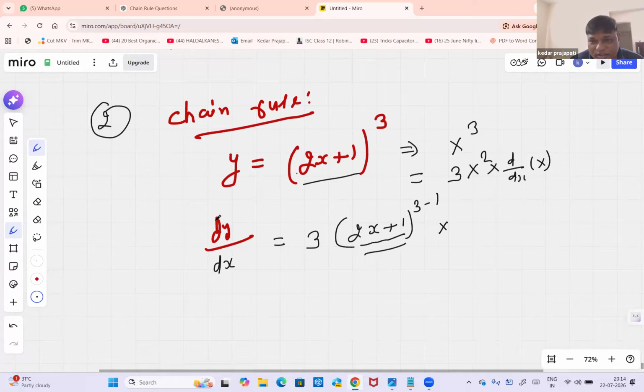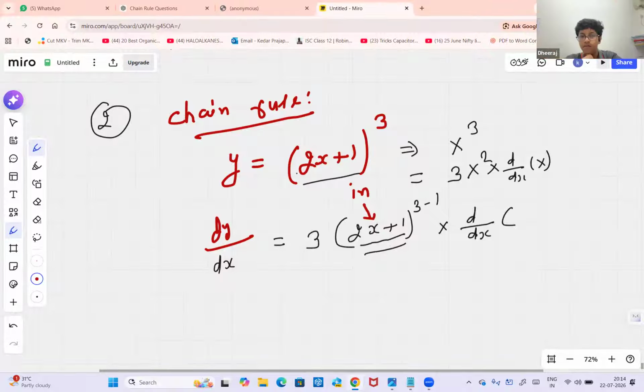Then differentiation of this with respect to x, d by dx of the inside term. This is inside. It will be 2x dy by dx plus this much will come.